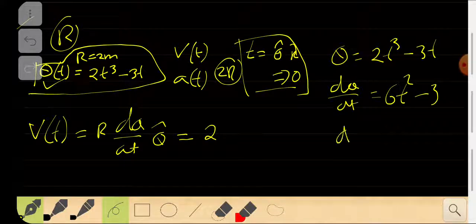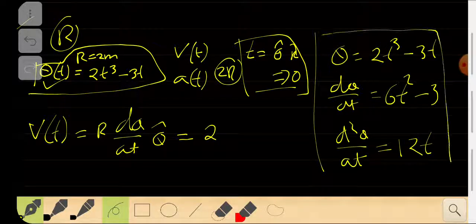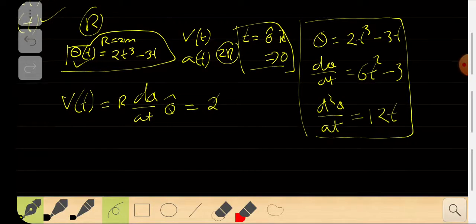So d square theta by dt square will also be 12t. That's what you can do directly. Now we can substitute that back into this equation.